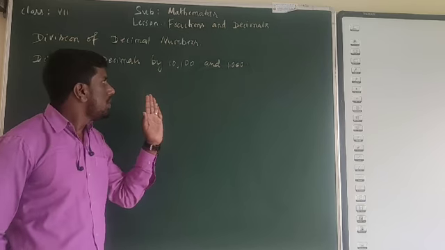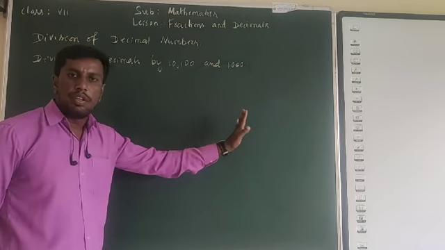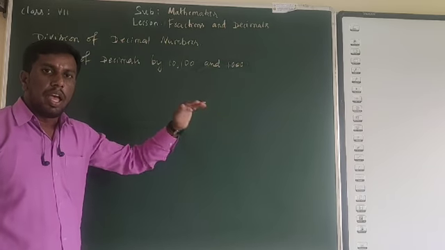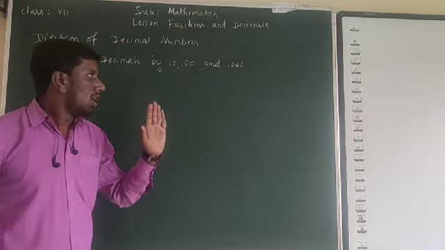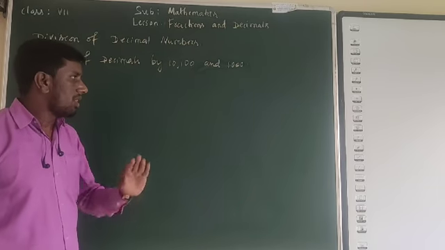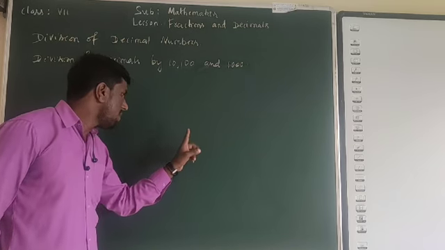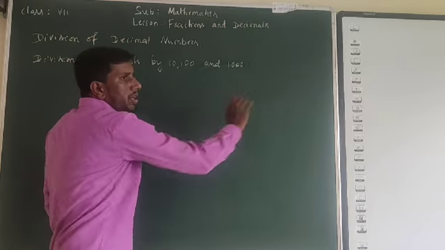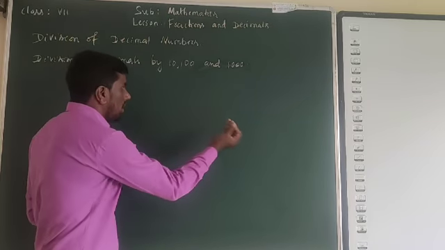Only the decimal point is shifted right, by as many places as there are zeros. If it is 10, one place will be shifted. The decimal point will be shifted one place along the right side.